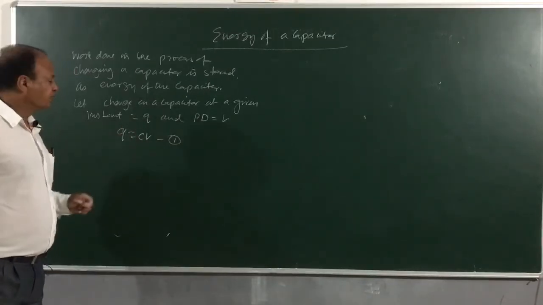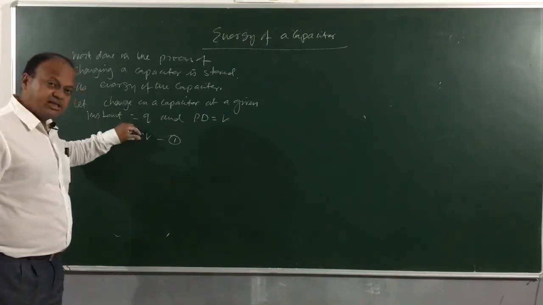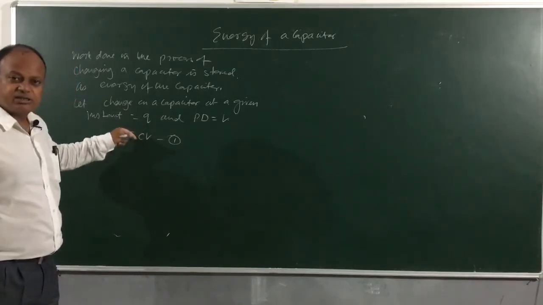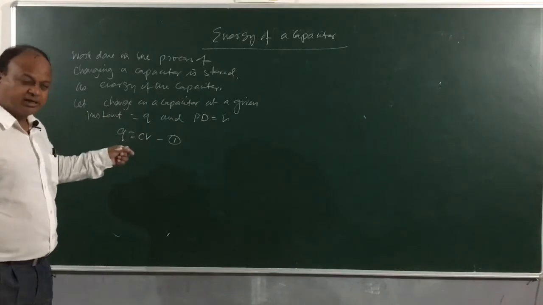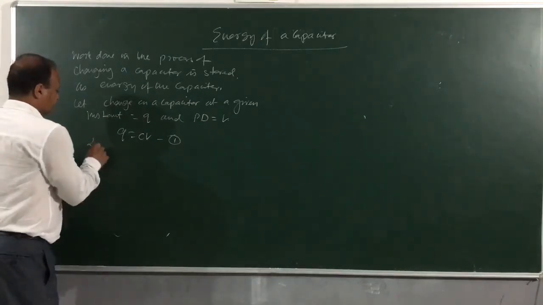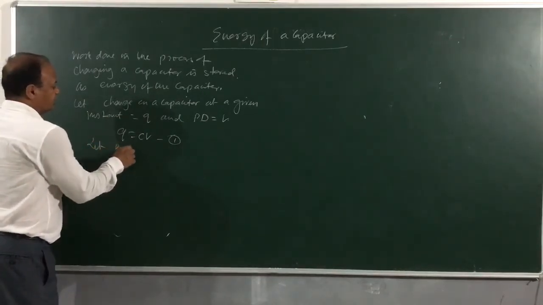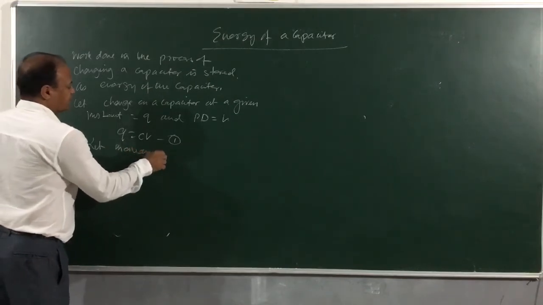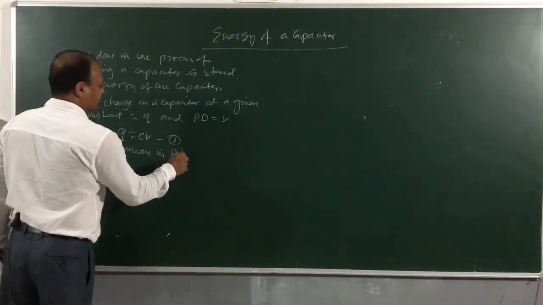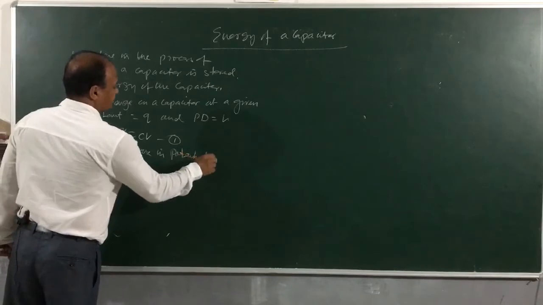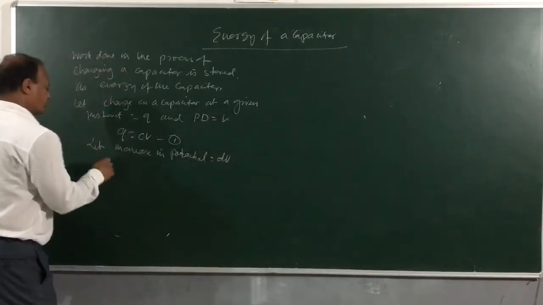Now see children, if I want to increase potential, it means I have to transfer more charge, and more work will be done. So let the increase in potential of the conductor be dV. Then how much work will be done?